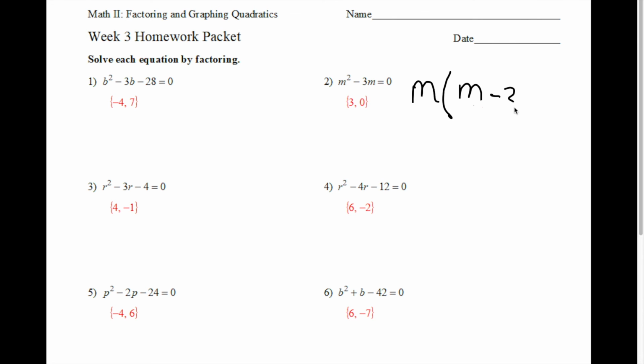Well, we pulled an m out, so now we're going to have just minus 3 inside here equals 0. Okay, so that means that anytime the m equals 0, the whole thing equals 0. Or anytime m equals positive 3, the whole thing will equal 0. So that's how we know m equals 0 and m equals positive 3.